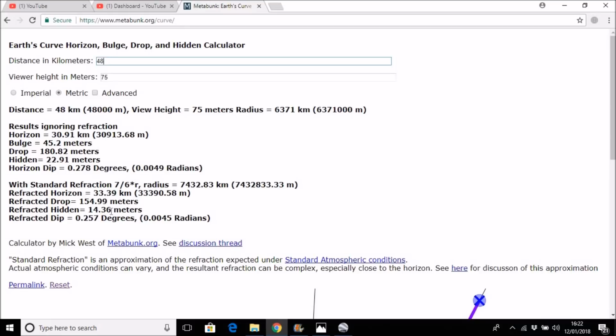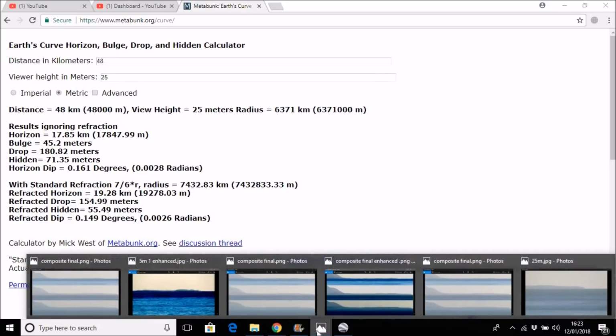But anything above 14 meters, we should be able to see. And what happens if we go to 25 meters? From a 25-meter observation, everything below 55 meters should be hidden from our view, possibly even as much as below 71 meters. And indeed, that's what we observe.